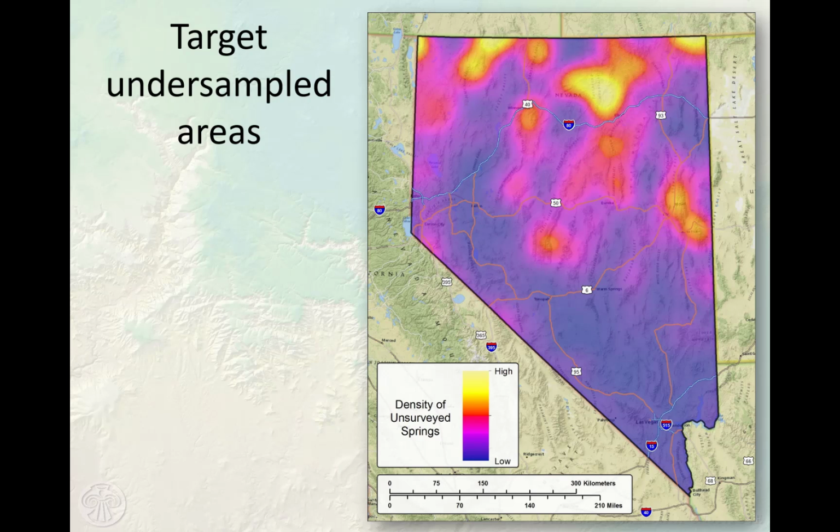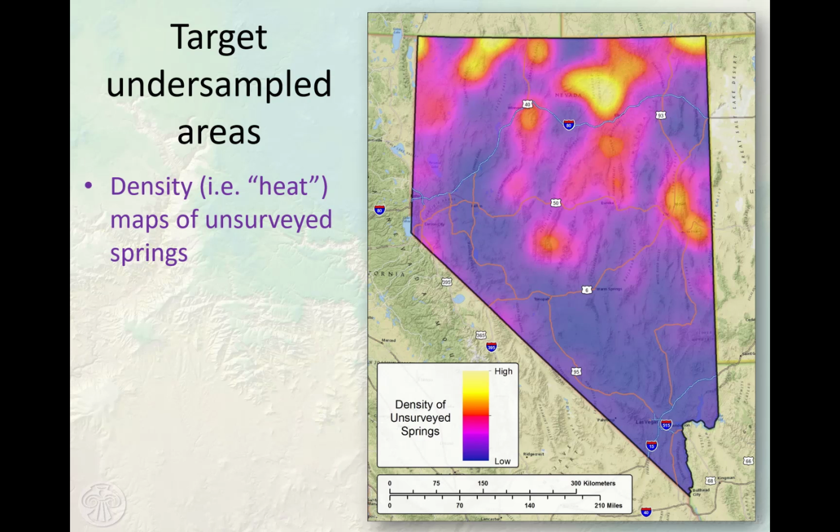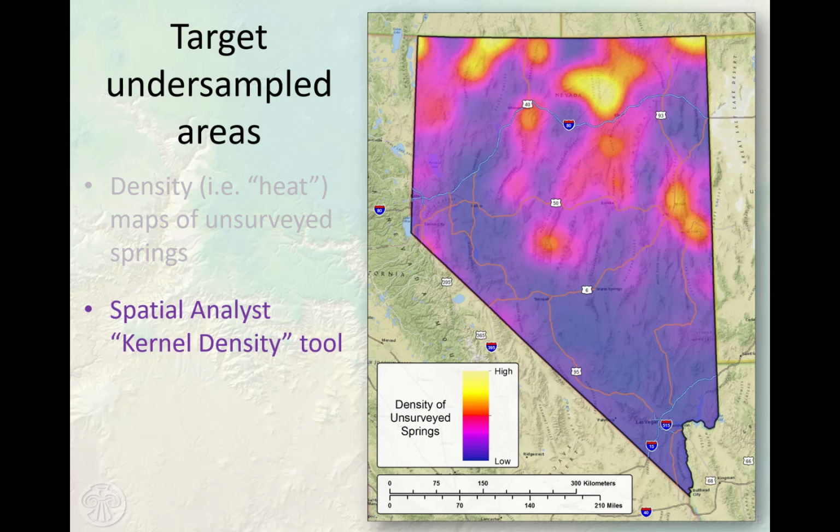Okay, now another topic, sometimes we want to target our survey effort at filling holes in the landscape. And in this case, we want to survey areas that have been relatively undersurveyed in the past. So density maps, also known as heat maps, are a good way to do this. We start by selecting all the unsurveyed springs in the landscape, and then we run the Spatial Analyst kernel density tool to generate the density map.